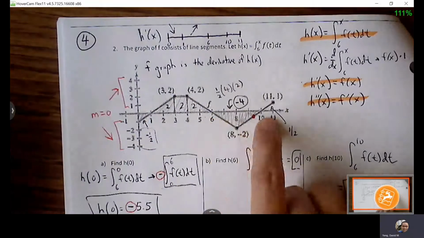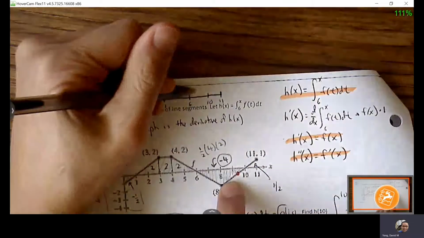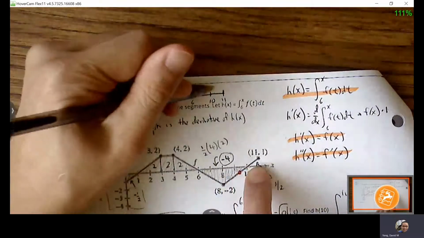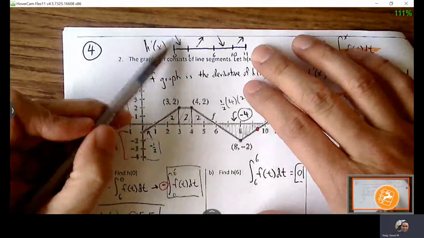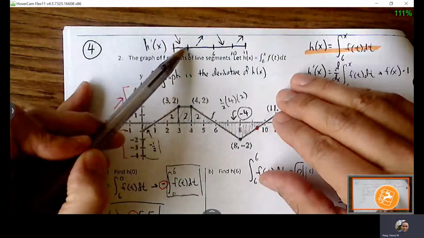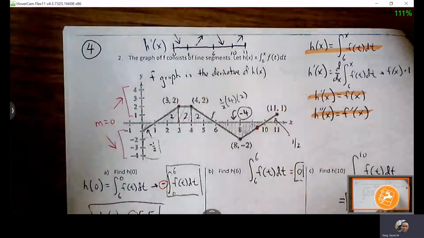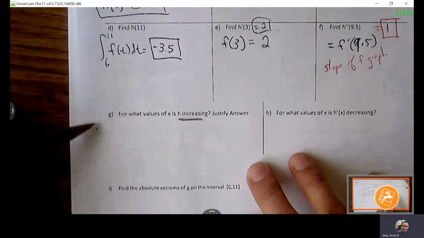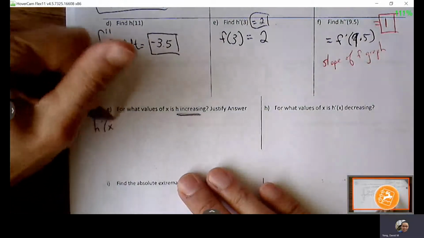Okay, between 6 and 10, below the x-axis, negative. And then between 10 and 11. Now these arrows tell us how the actual graph is moving. It's decreasing to relative min, increasing to relative max at 6, decreasing to relative min at 10. So for what values is h increasing? Let me draw the sign line down here again.